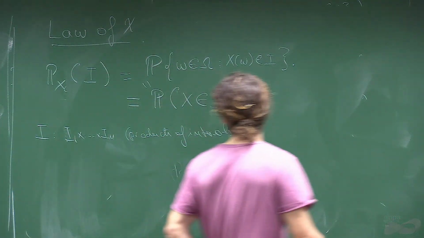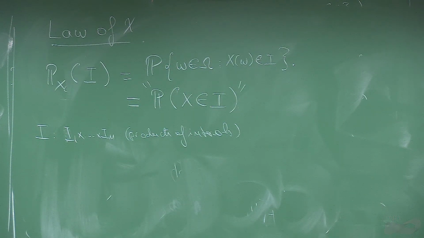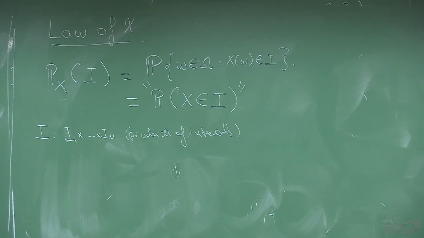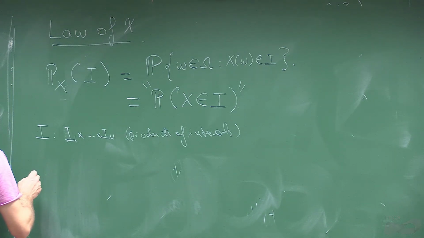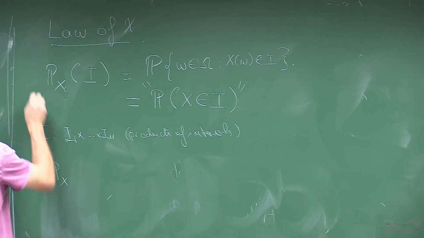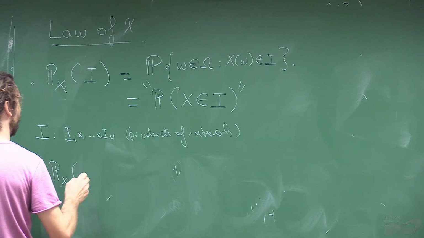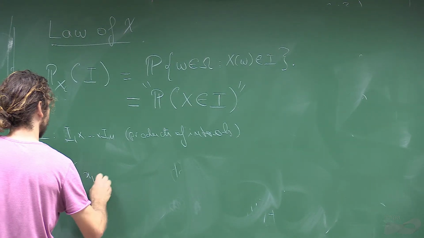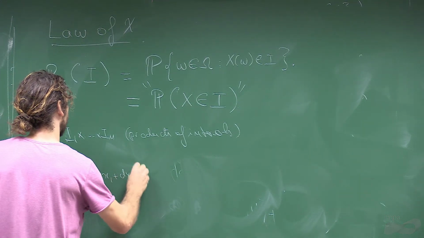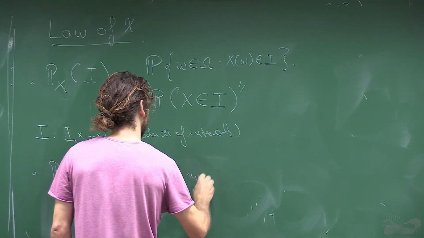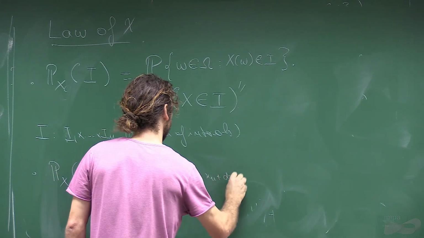In particular, if you have intervals, you can look at small intervals. So, for example, you may be interested in writing Px of x1 to x1 plus dx1, times ... times xn to xn plus dxn.